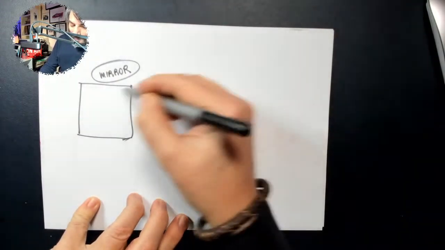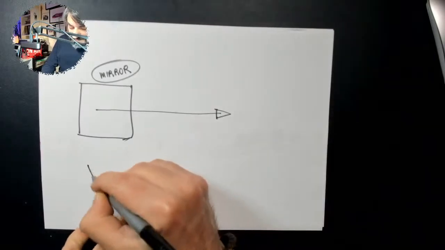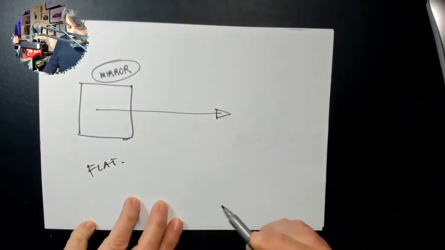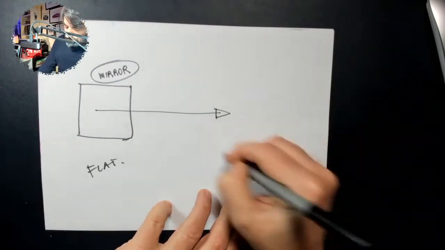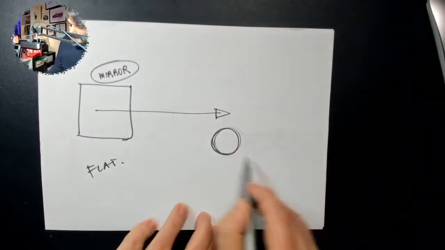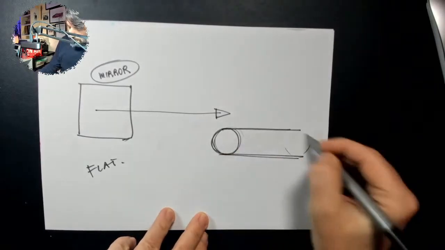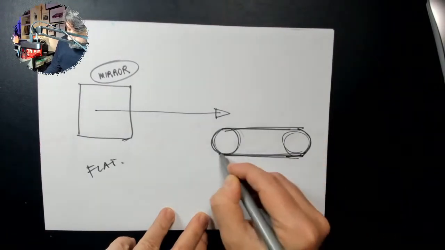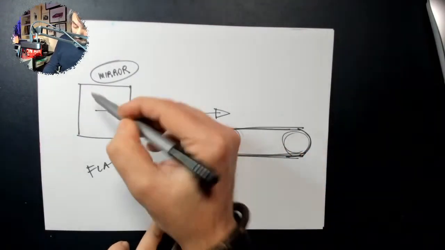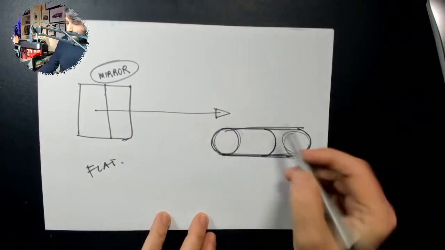Then the extreme to this, if this is flat, the extreme will be if we have a cylinder. Because with our cylinder, the surface from flat becomes round.